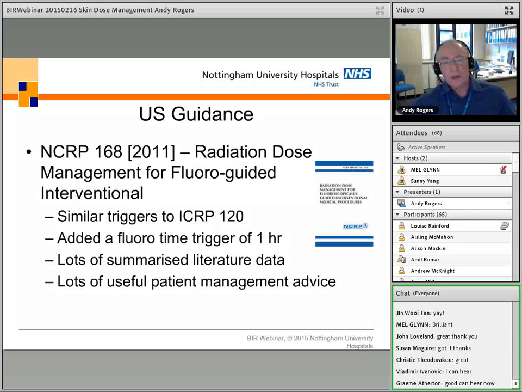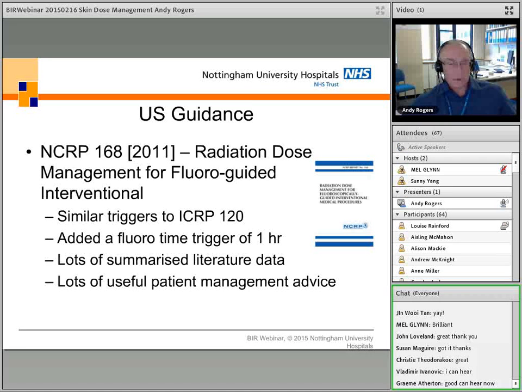We've also, in the meantime, had some US guidance, quite a thick tome, heavily influenced by the likes of Don Miller at the FDA and Steve Walter at Columbia University. This was more general radiation dose management. It wasn't just cardiology. This was the whole gamut of interventional, what they call FGIs, fluoroscopically guided interventional procedures.